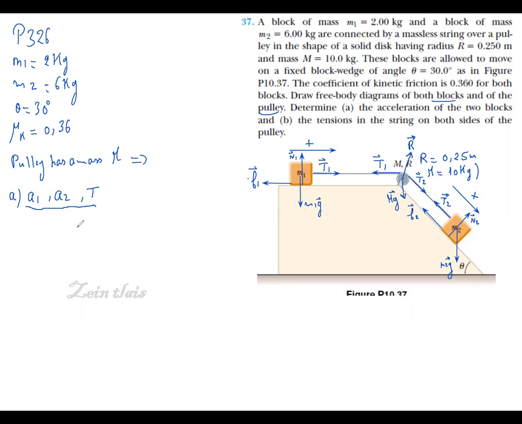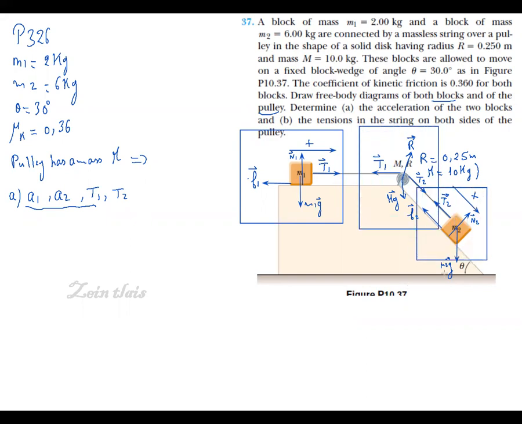Listen, if you want to calculate A1, A2, T1, T2, here you must take every object alone: System 1, System 2, and System 3.